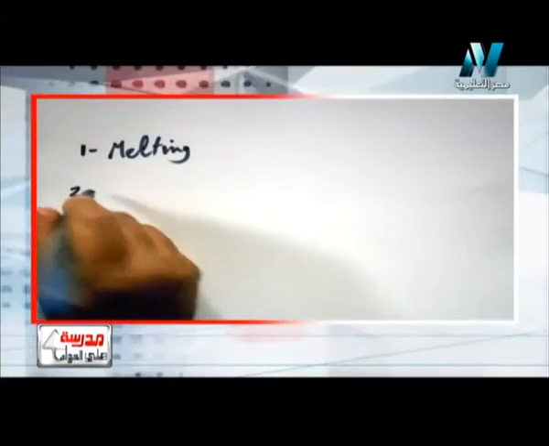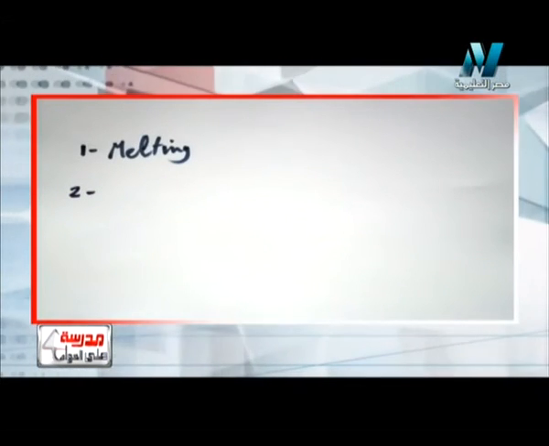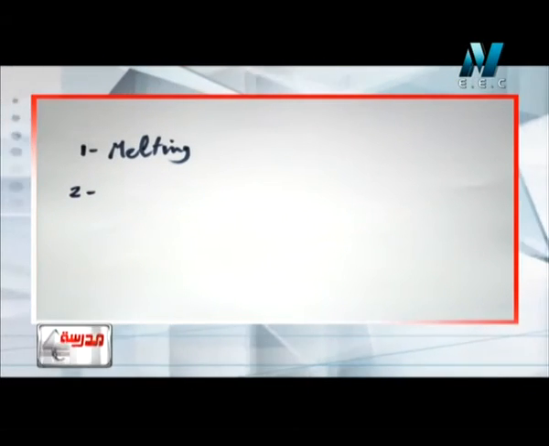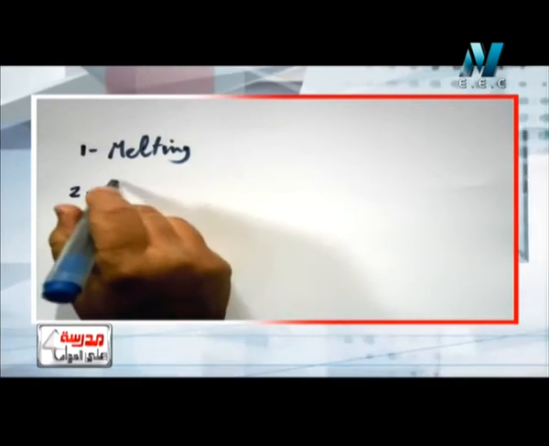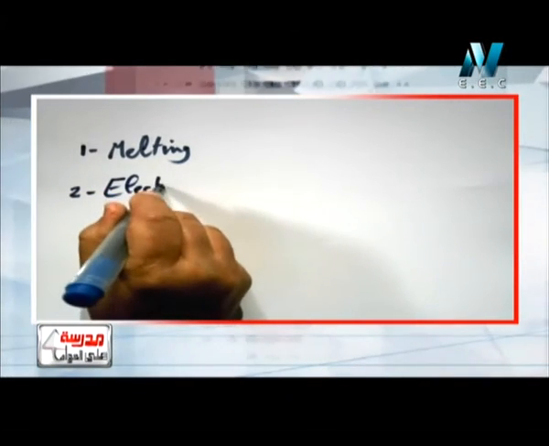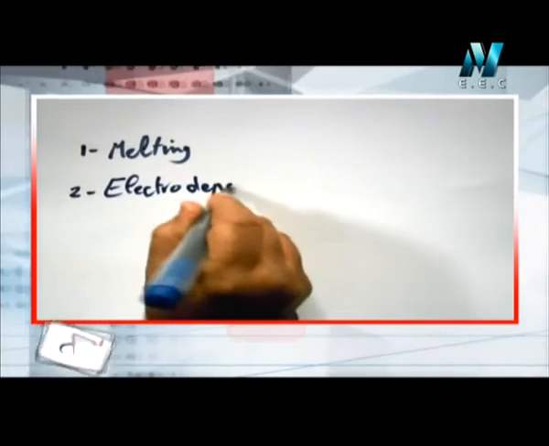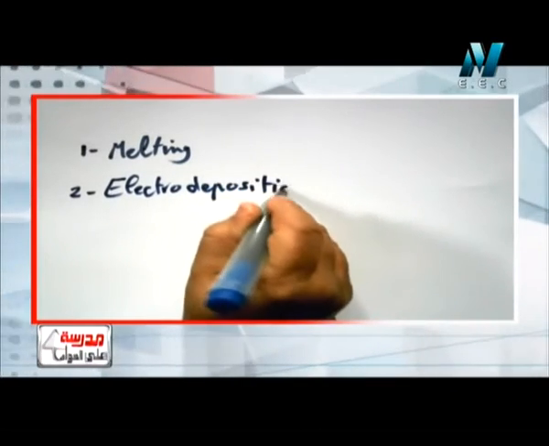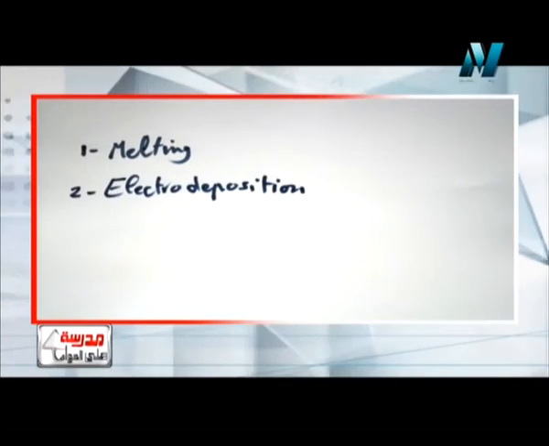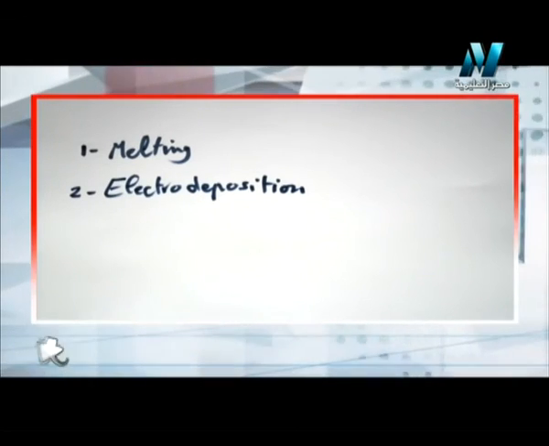This is the first step, by melting the elements of the alloy. Number two, electrodeposition. Electric deposition will be explained in detail in chapter 4 in our syllabus. By using electricity, we do deposition of the two elements.